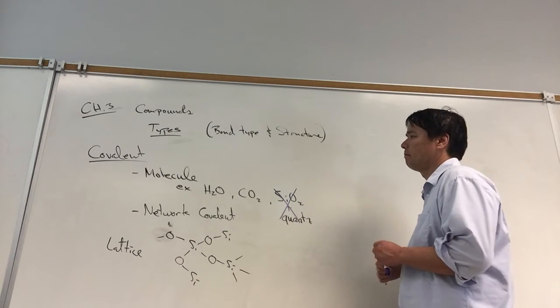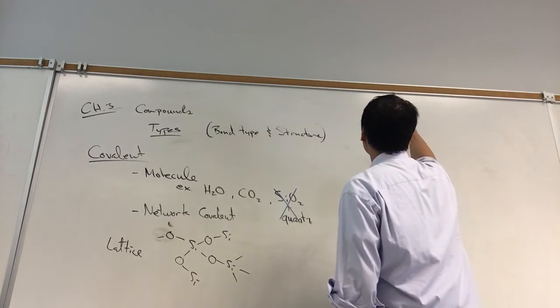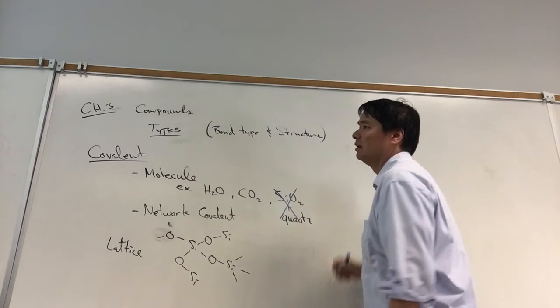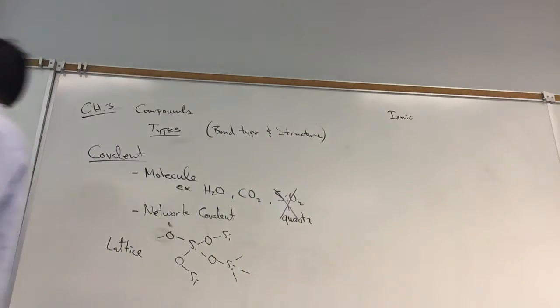We have that. Whereas ionic compounds, like this, these are salt crystals here, sodium chloride crystals. If we look at this image of sodium chloride crystals, are there sodium chloride molecules that are found in the crystals here? Do we find sodium chloride molecules?